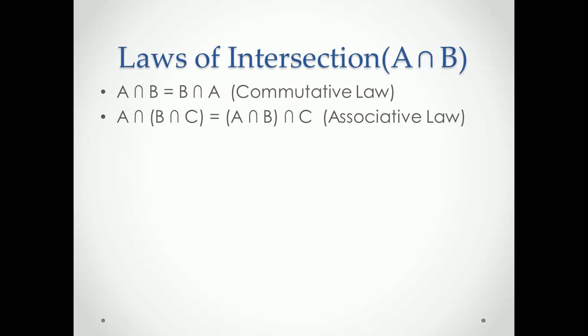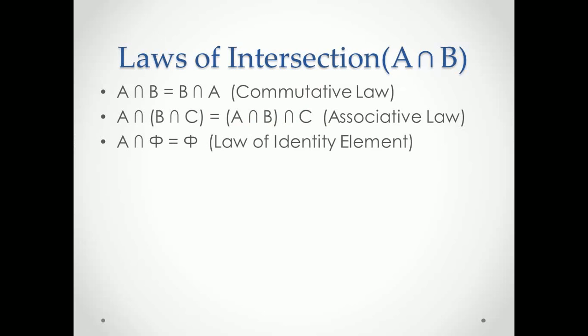Then the associative law, which is again applicable for three different sets, that is A intersection B intersection C. If you combine two sets at once and then take the intersection with the third set, similarly you can interchange, taking A intersection B and then the intersection with C. It will make no difference.